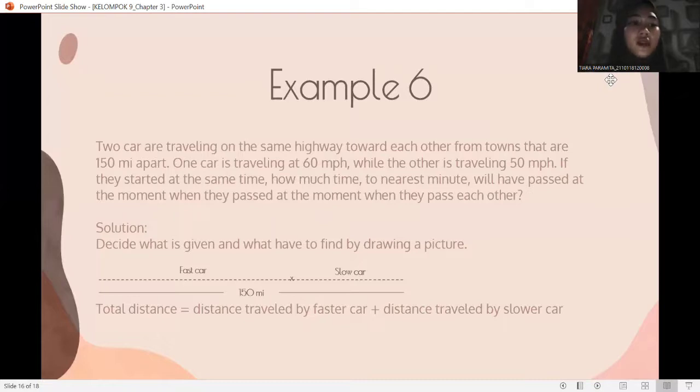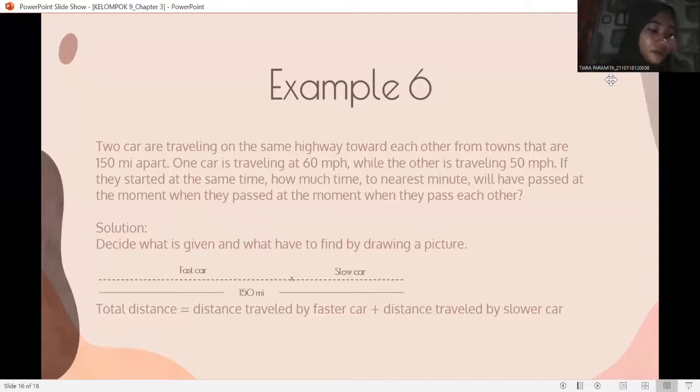If they started at the same time, how much time, to the nearest minute, will have passed at the moment when they pass each other? The solution: the speed is given and we have to find the time by drawing a picture.